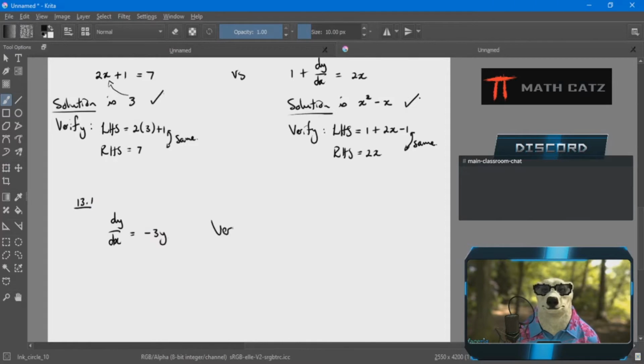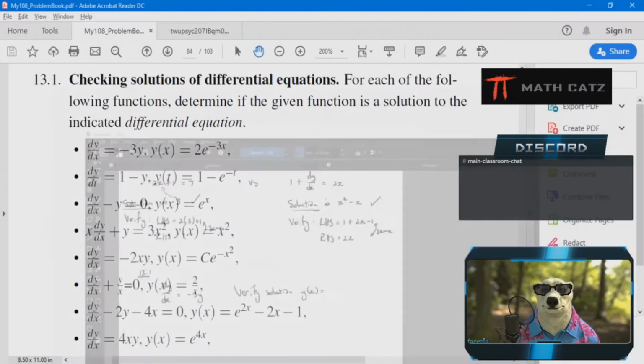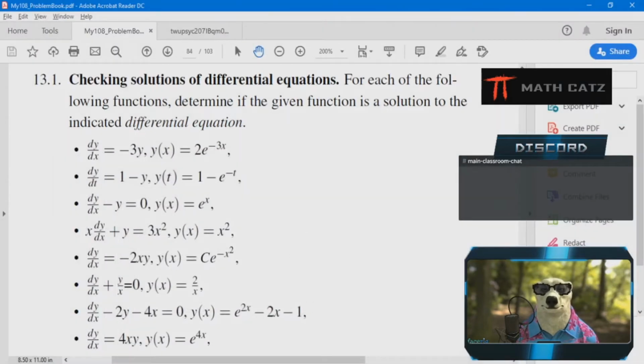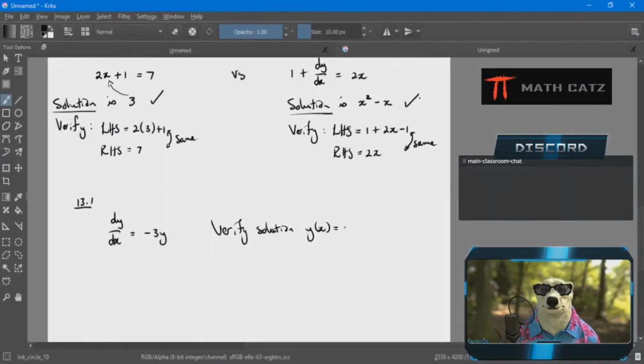And I want to verify the solution function y of x equals 2 times e to the negative 3x. All right.